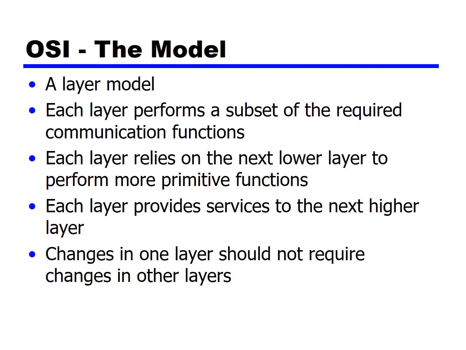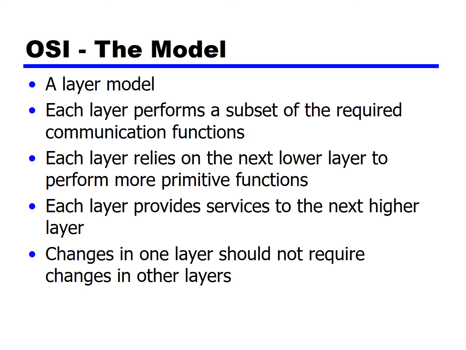The OSI model is a layered model. Each layer performs a subset of the required communication functions. Each layer relies on the next lower layer to perform more primitive functions. Each layer provides a service to the next higher layer.